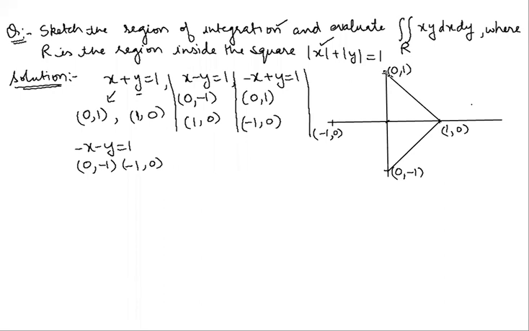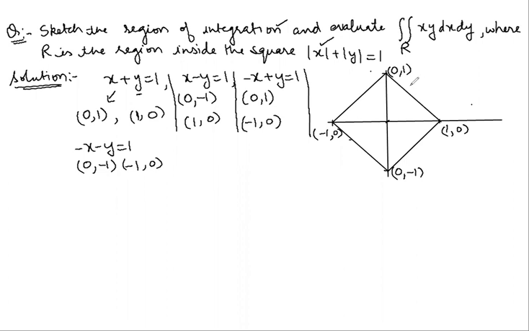So this point. This point, and the last one is, of course, 0, -1 and -1, 0. So this point, and you can see that it is a square.